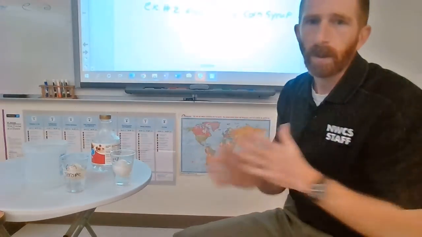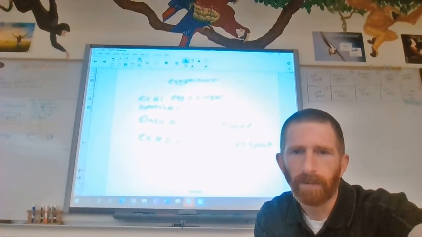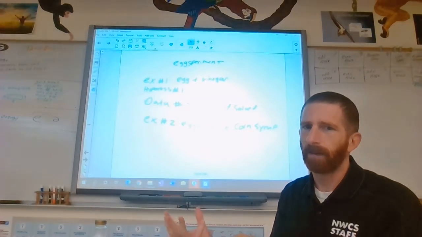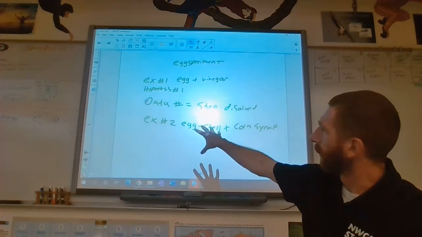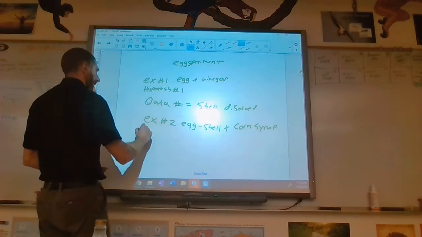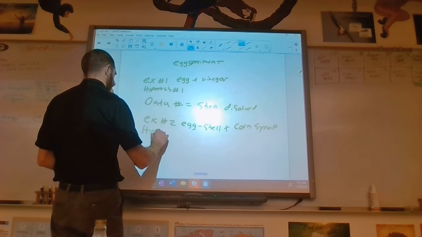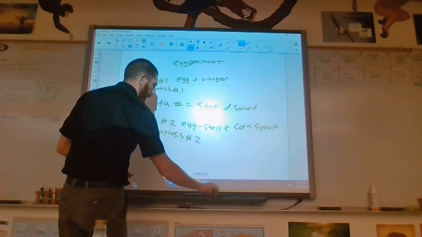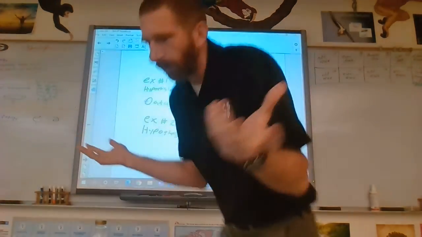All right, sweet. Now that we have that, we're going to let that set, and we'll come back and take data on that on Friday. On your piece of paper, I'd like you to write down hypothesis number 2. What do you think is going to happen?